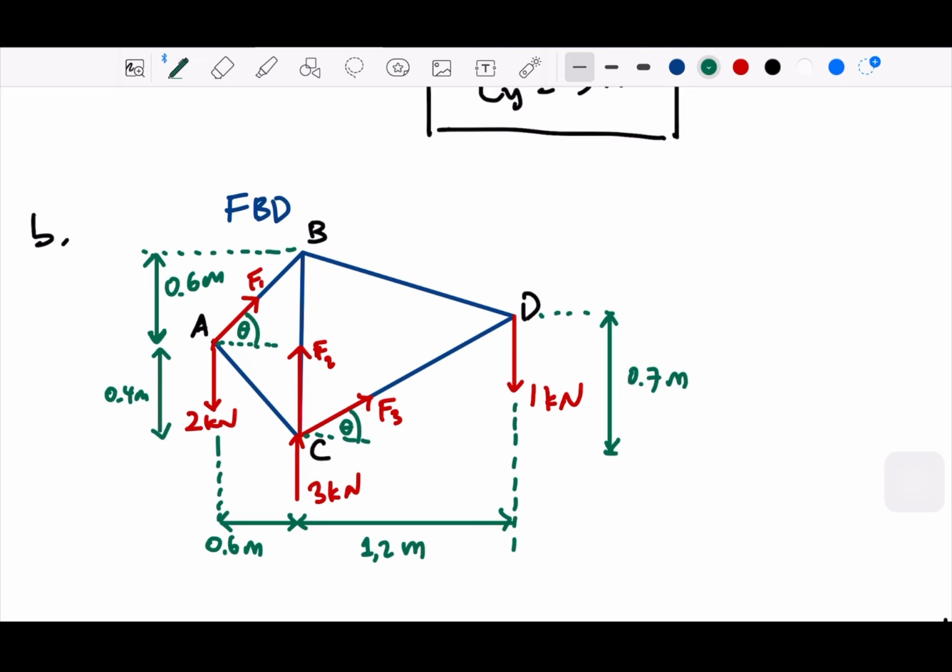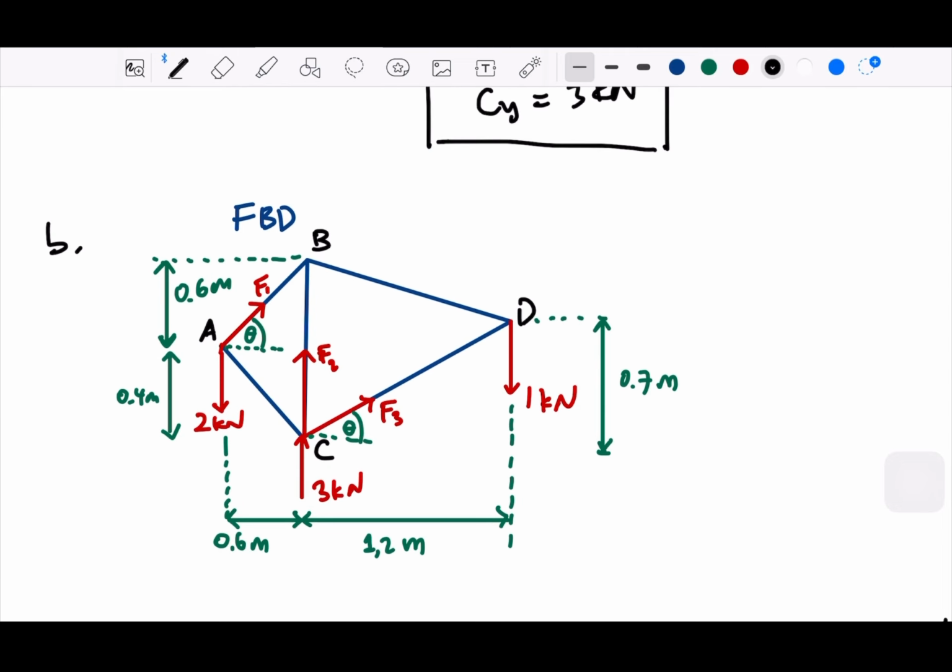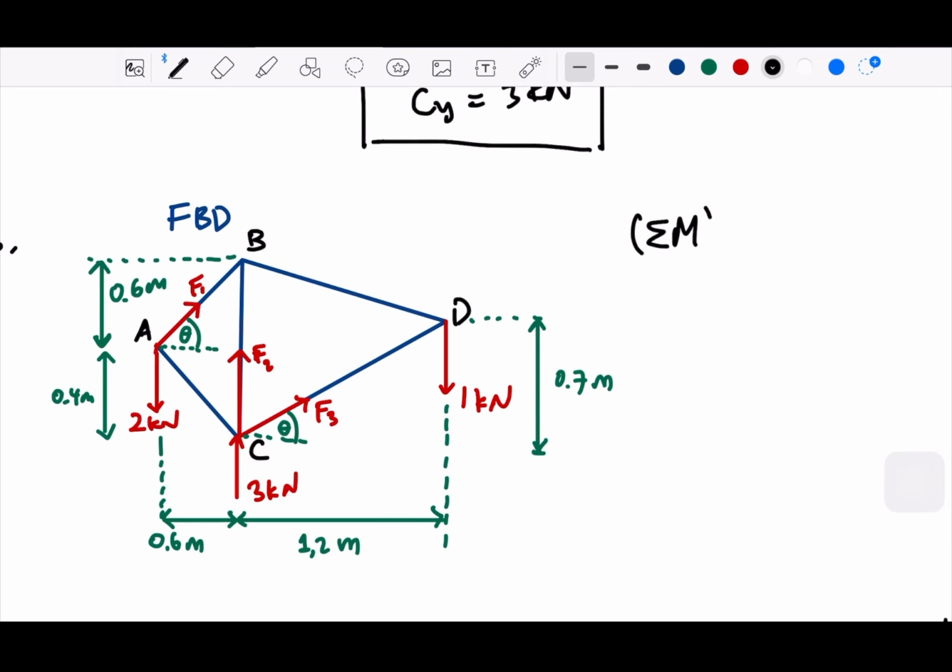All right, now we could take the equilibrium for AB. We take the equilibrium for the moment, supposed to be 0. So we have F1 and then the distance of AC. The distance of AC will be 0.4 and 0.6, right?